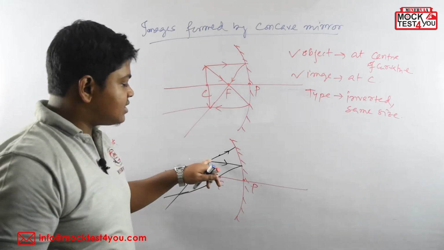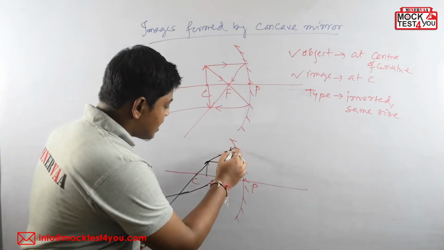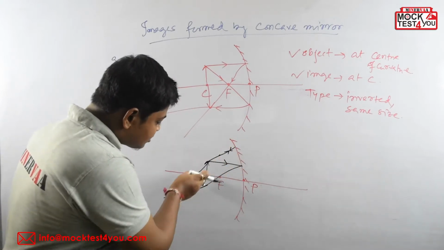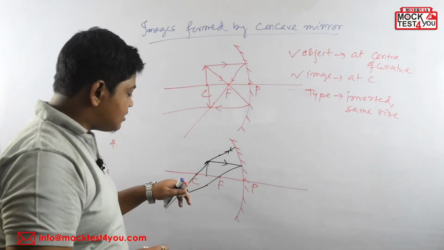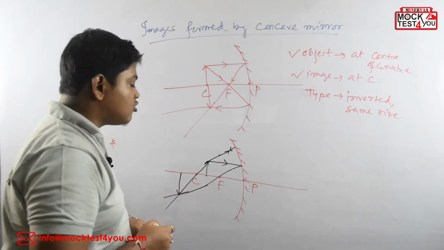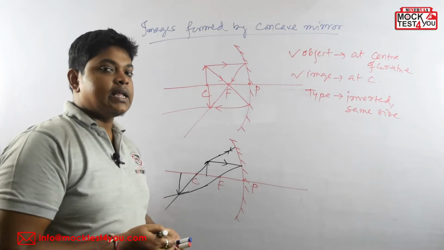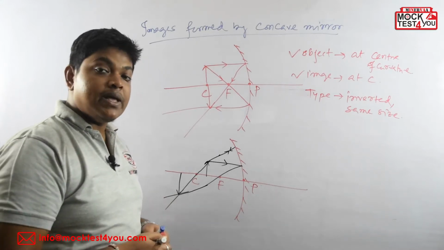If the light ray is incident on the upper portion of the linear aperture, it will come back in the same way and it will pass through the center of curvature. And these two light rays will intersect and form an image that will be inverted, but in this case it is greater in size. That means the image will be enlarged.